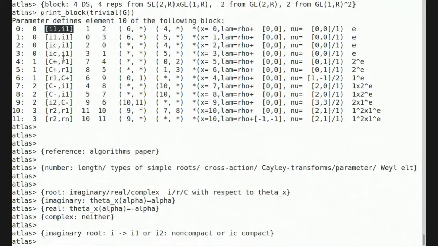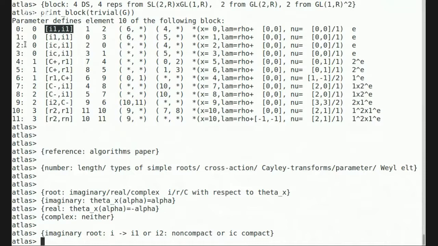And so these two entries here are telling you that for this representation, both simple roots are imaginary. That's because you're on the compact Cartan. And they're both non-compact. And that's because this is a large discrete series.